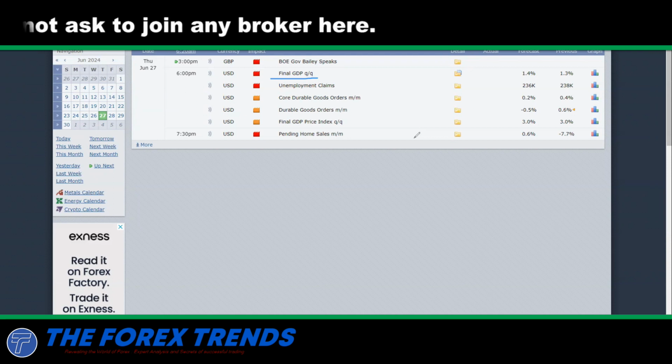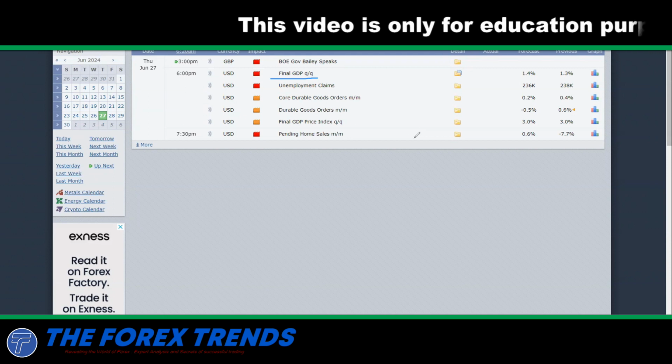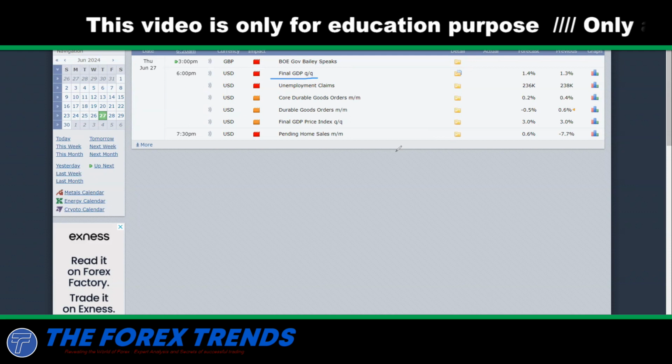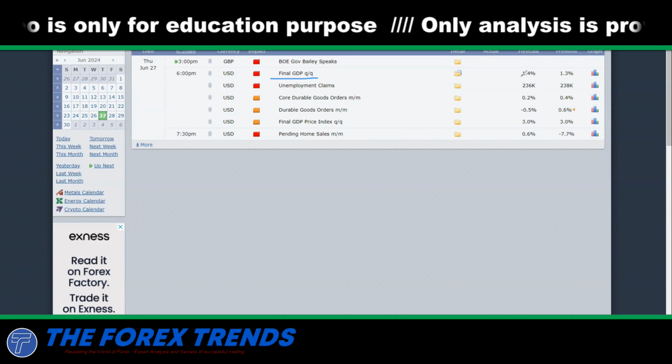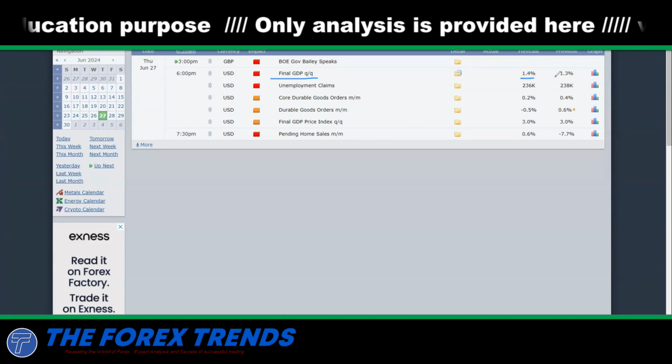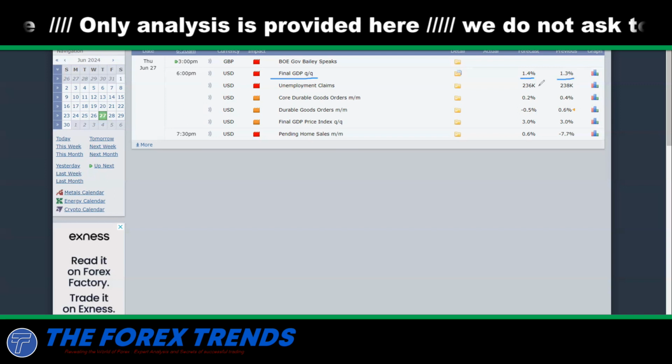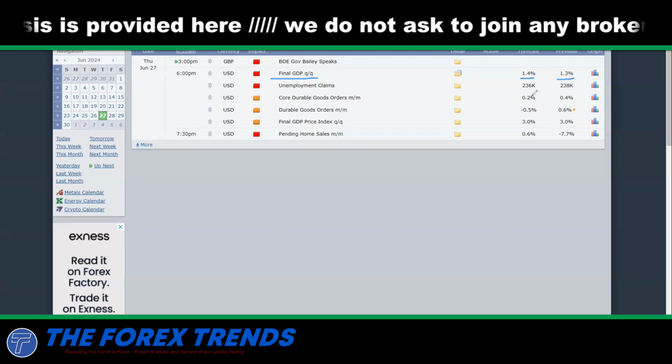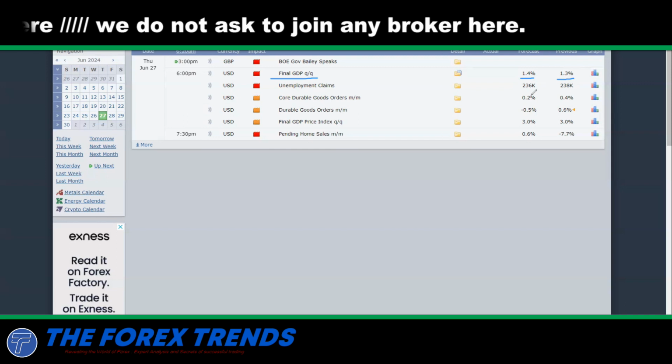And you can see the forecast is 1.4% and the previous is 1.3%. That means it is expected higher than the previous.